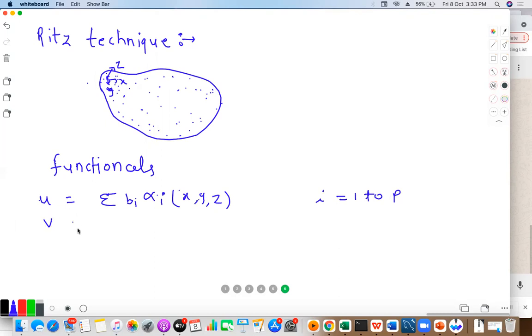Similarly, for v I can write the summation of b_j into alpha_j(x, y, z), j varies from p plus 1 to q.